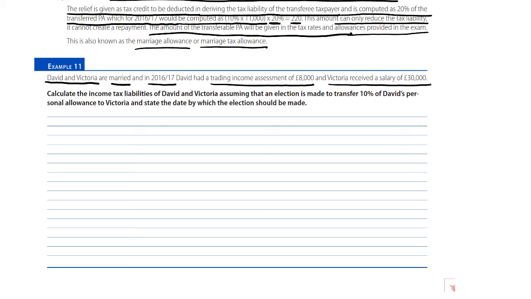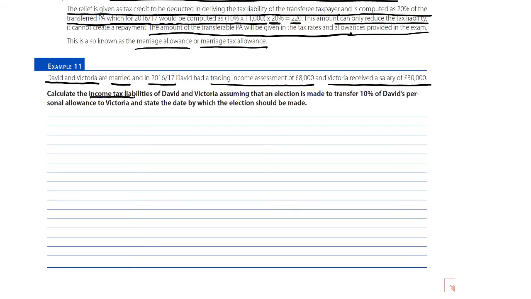Not just because David has an unused personal allowance, which is the reason why we look to do it, but the only reason why it's available is that the transferee spouse, young Victoria here, is a basic rate taxpayer with a salary of £30,000, after the deduction of the personal allowance. We know we're well below the higher rate threshold, the basic rate band limit of £32,000. So Victoria is indeed a basic rate taxpayer. Right, so what have we got to do?